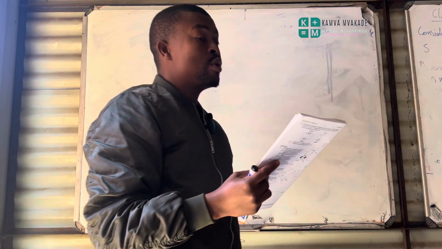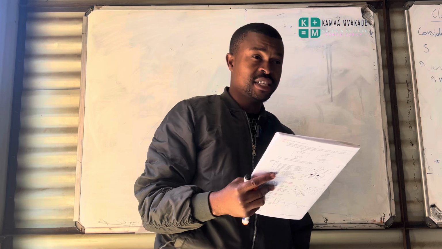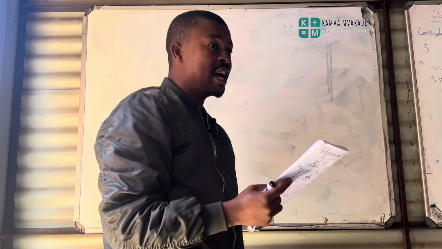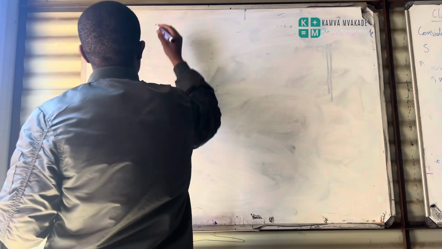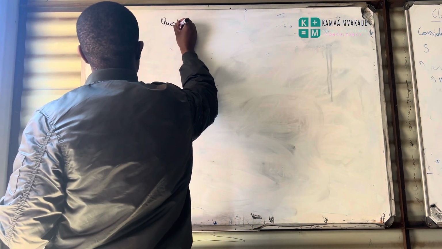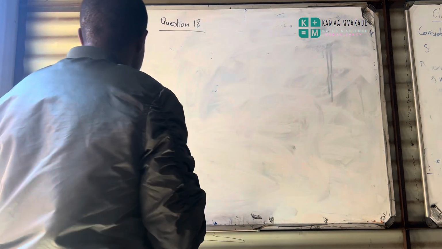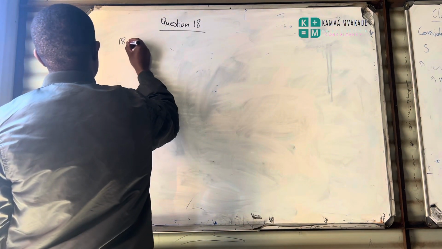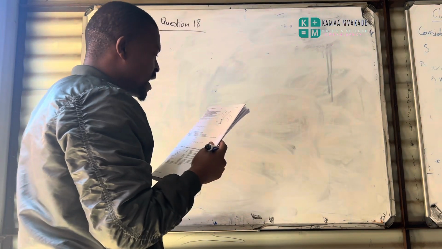So we've got two types of generators here, a DC generator and an AC generator. How does an AC generator differ from a DC generator? 18.1, name the component here.